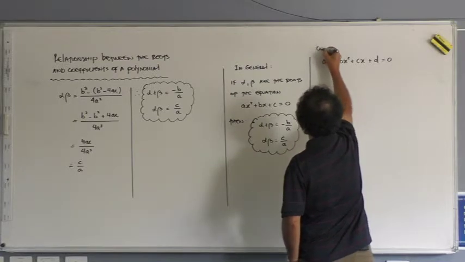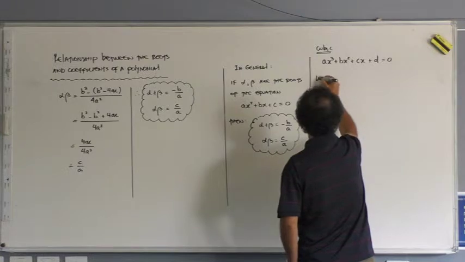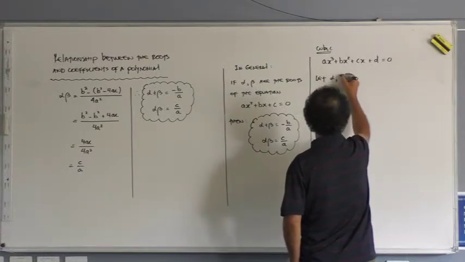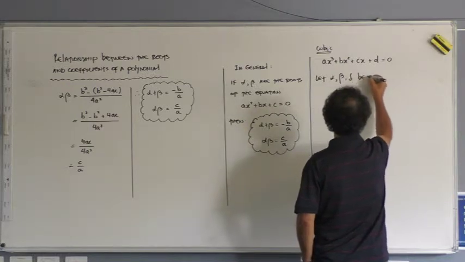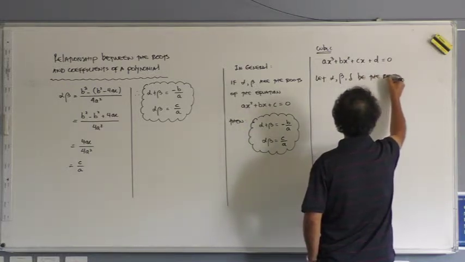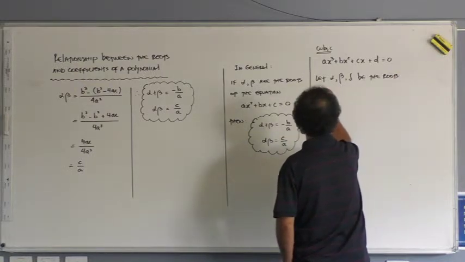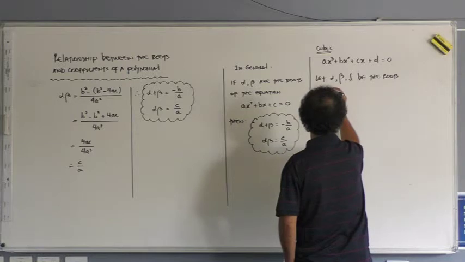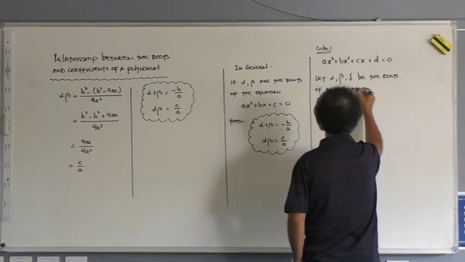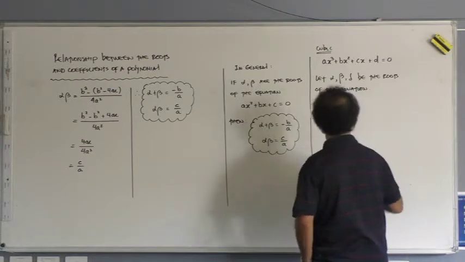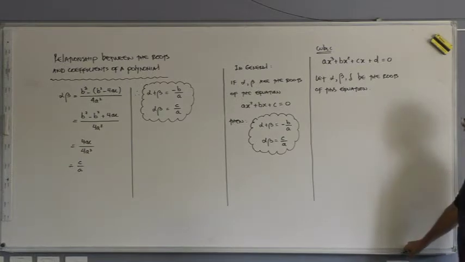Okay, let's put cubic. Let alpha, beta, gamma be the roots of this equation.